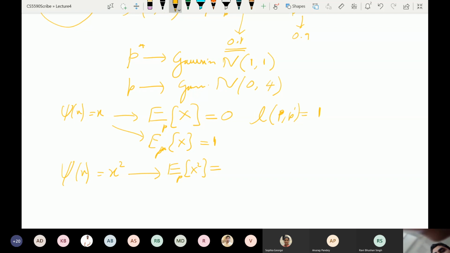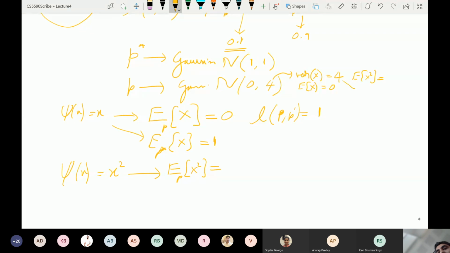What is given here? Variance, right? What is the variance? 4. And you already know the mean is 0. So what is the expectation of x square in this case?